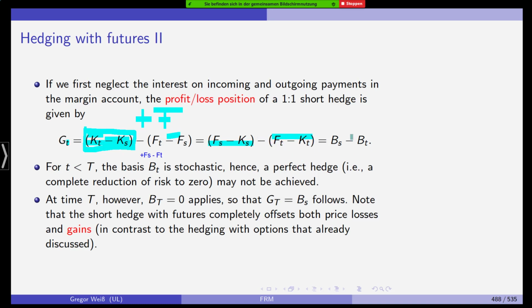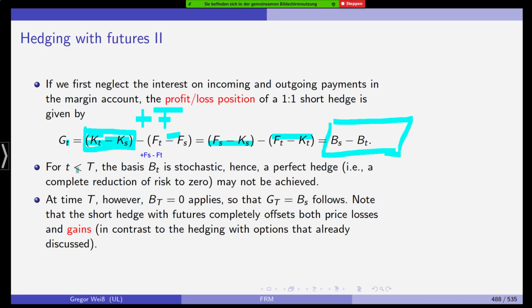And this then gives us basis minus basis. So actually, the profit and loss position of this one-to-one short hedge is the difference in the current and the future basis. And the basis, if you remember, for a futures position or a forward, was the difference between the future and the spot price.